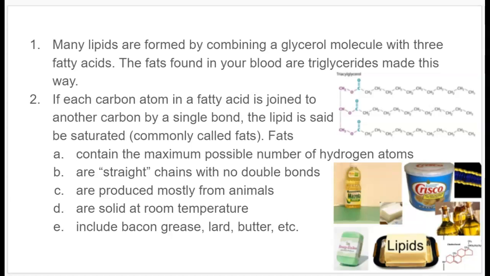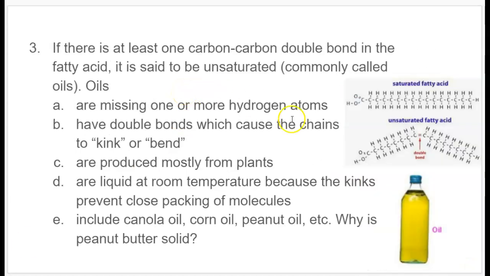Okay. Whereas when we talk about oils, if there are any carbon-to-carbon double bonds in that fatty acid, so here's one double bond. Okay, what it does is it creates a kink or a bend in that chain. And so that is what we refer to as an unsaturated fat. Okay, it just means that it doesn't have the max number of hydrogen bonds that it could technically hold, because there's a double bond someplace else that's not allowing for the extra hydrogen.